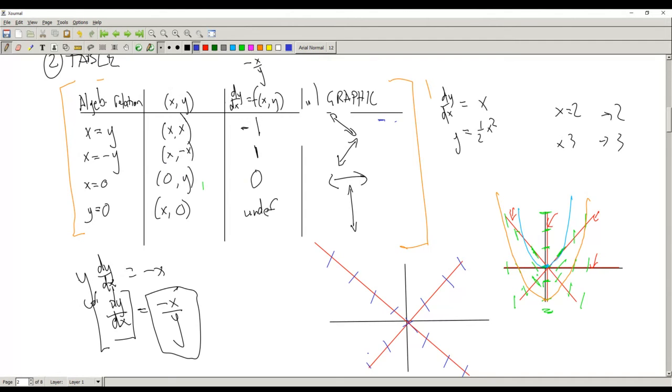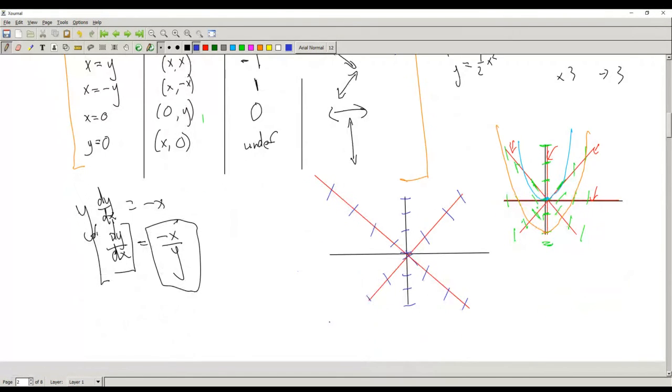So let's go when x equals 0. What is our equation? So that is our vertical y-axis. So here we come out with horizontal lines. And then our final one, when y equals 0, so that's our x-axis, we have vertical lines.